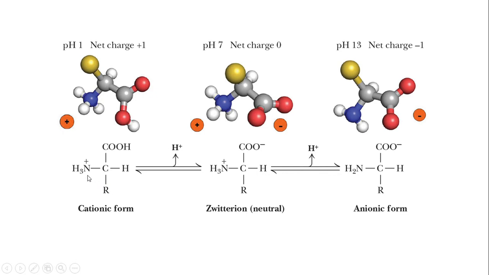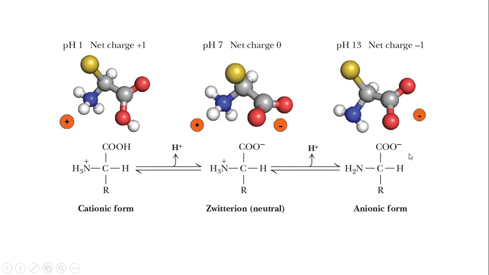At a lower pH, and we'll look at this again in detail, we'll draw some of these with some titration curves with real amino acids, not just these general forms. Both the amino nitrogen and the carboxyl group are protonated essentially. So because this is not charged and this is, we have a net charge of +1. Okay.